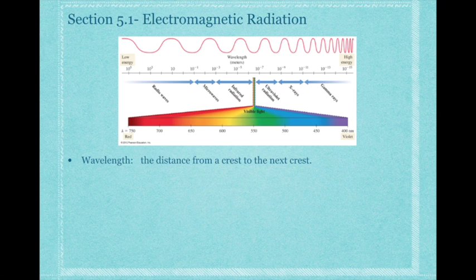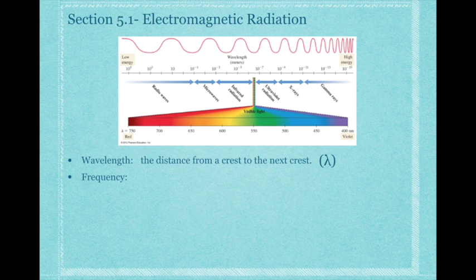The unit for that is meters. The ones on the right-hand side have the shortest distance between those crests, those peaks, and so they have small wavelengths. The symbol for wavelength is that lambda symbol right there, and the unit is meters.